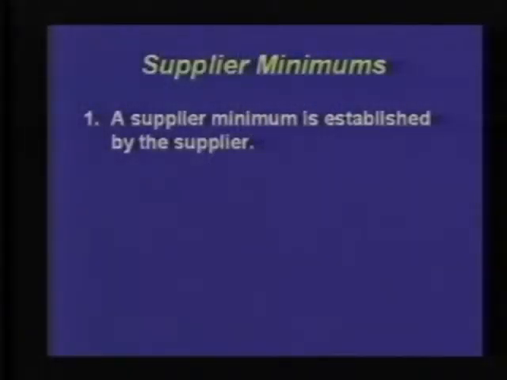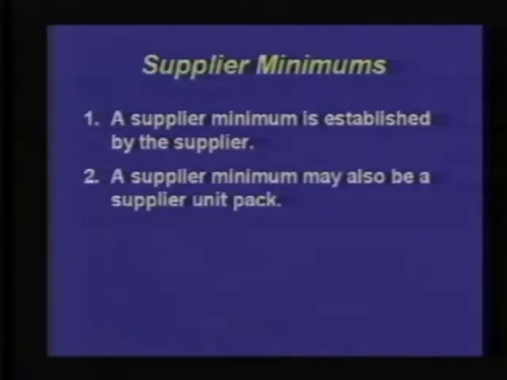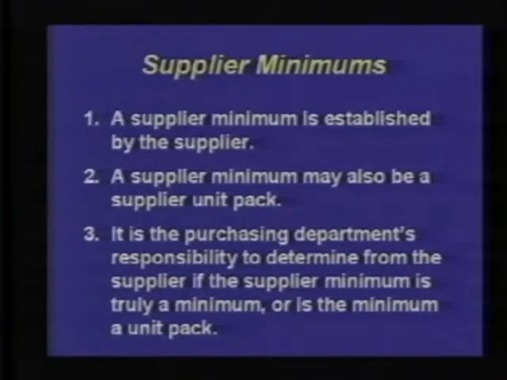So on page 36, I'm outlining what a minimum is. Item 1 indicates that the minimum is established by the supplier. A minimum could also be a unit pack, but not necessarily, okay, if a unit pack is larger than the minimum. 3, it is purchasing's responsibility to determine from the supplier if the quantity is a minimum or a unit pack, as we just went through on the previous exhibit.